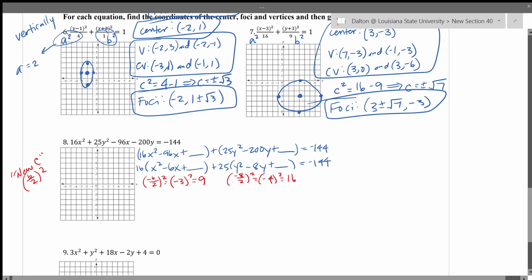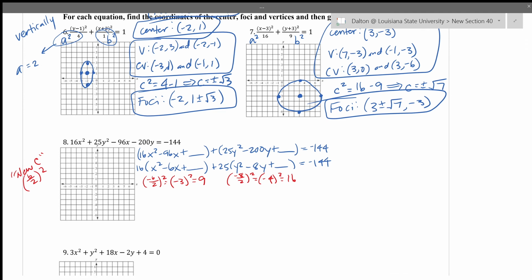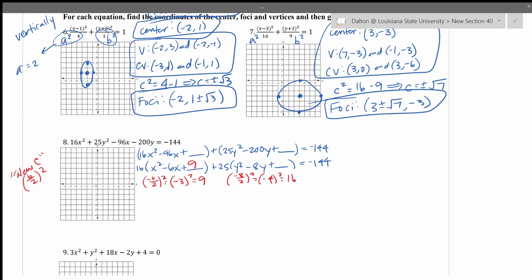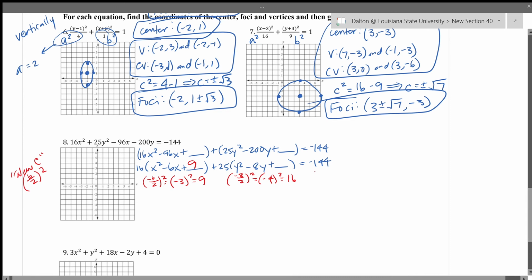So here's where things get tricky. You just have to be careful. When you add 9 to your x trinomial, technically you're not just adding 9. What are you adding? Say it again. I heard something. 9 times 16. Very good, Zach. You're adding 9 times 16 because that 16 distributes inside to everything in those parentheses.